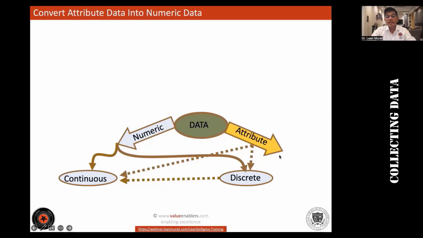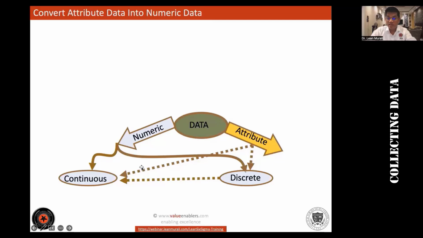Now this is discrete data because I'm giving you only 8, 9, 10 and so on. Suppose I want to convert into continuous data, I can sum up all these numbers and divide by the number of people. It will become continuous data. For example, if 3 people give 8, 9 and 10, then 8 plus 9 plus 10 divided by 3, or 7 plus 9 plus 10 divided by 3, it will become a decimal, and it will become continuous data.